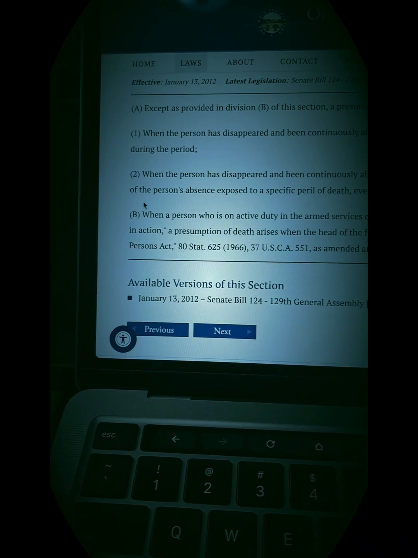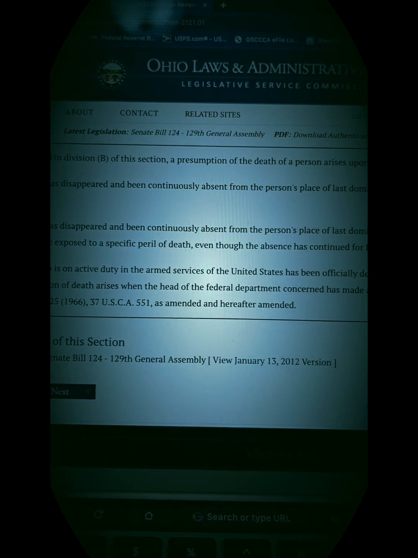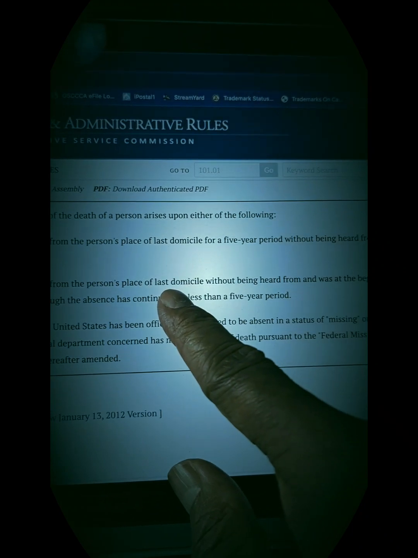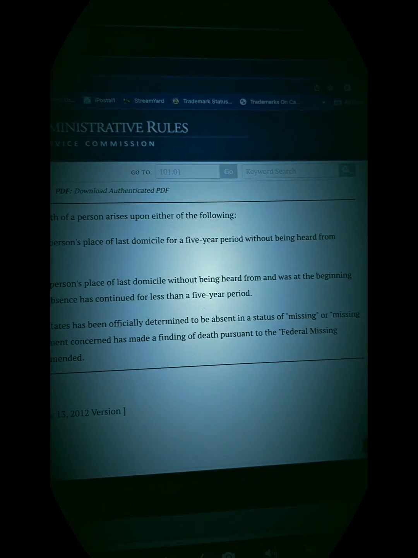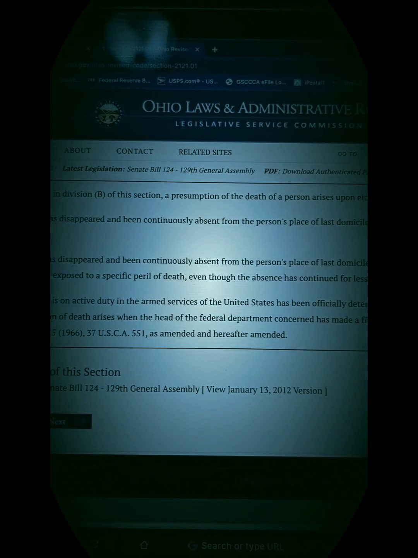Okay. Say when a person has disappeared and has been continuously absent from the person's place of last domicile without being heard from, and at the beginning of the person's absence was exposed to a specific peril of death.